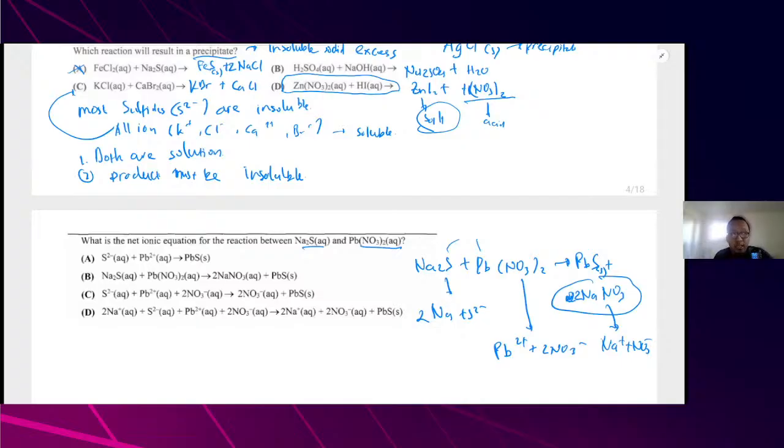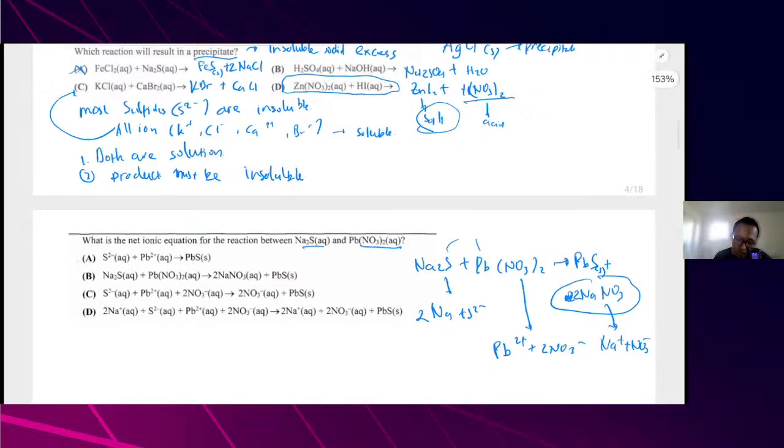It should be this one. We need to break it down one by one.